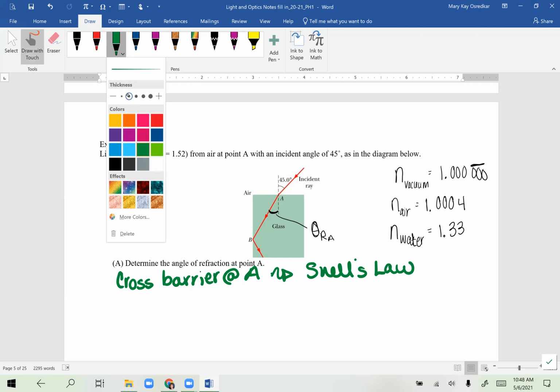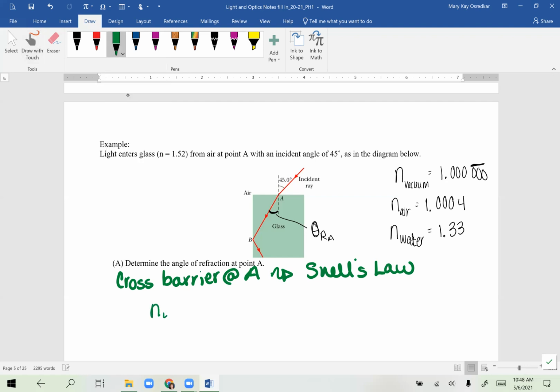Snell's law states Ni sine theta I equals Nr sine theta R. Keep in mind, we're told it enters at an angle of 45 degrees. Because we know it's degrees, we have to use degrees in our calculator. It can't be in radians, it must be in degrees.